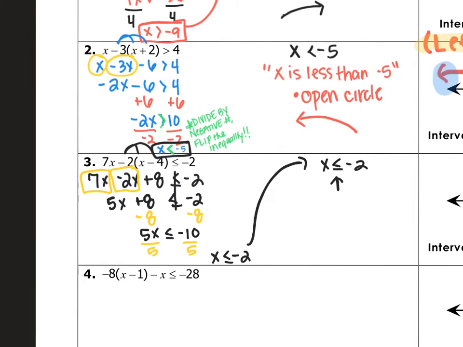So this is our less than or equal to. And because it has that little equal to sign, we have to make sure that we are going to use a closed circle. And less than or equal to is going to point to the left.